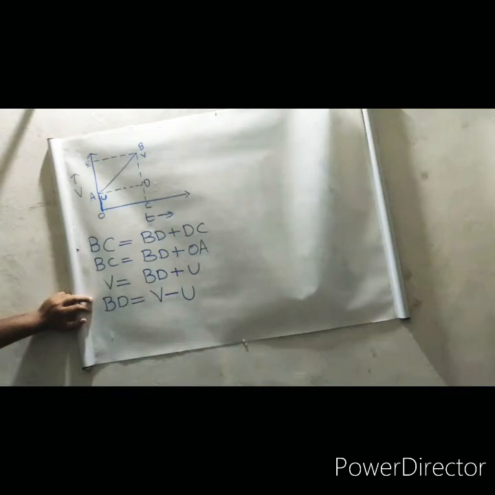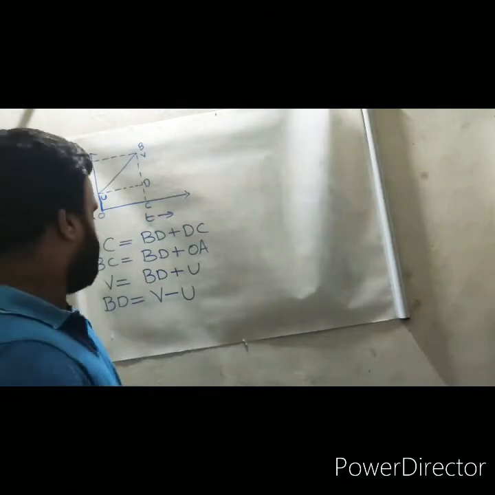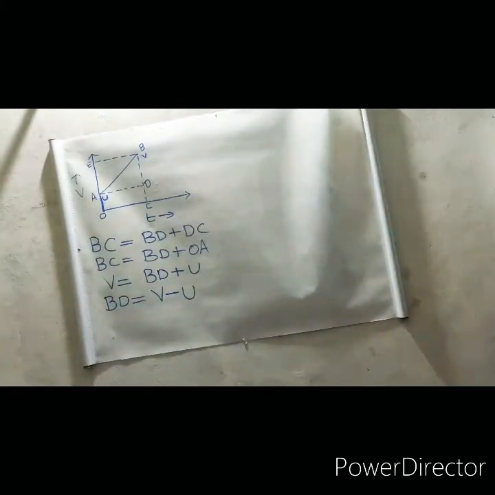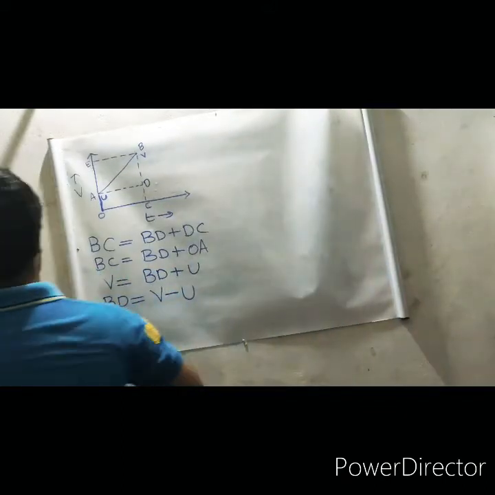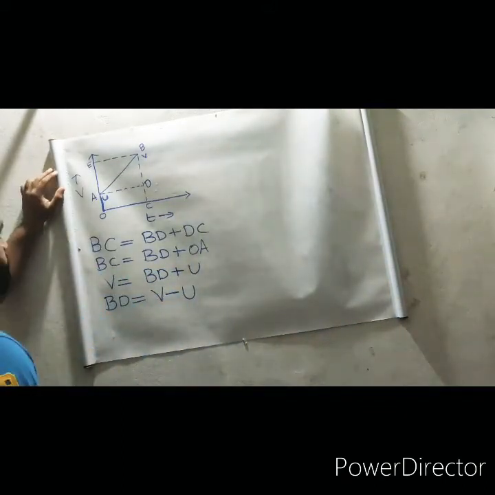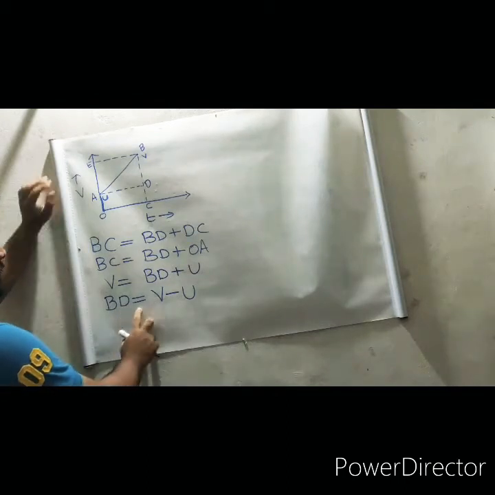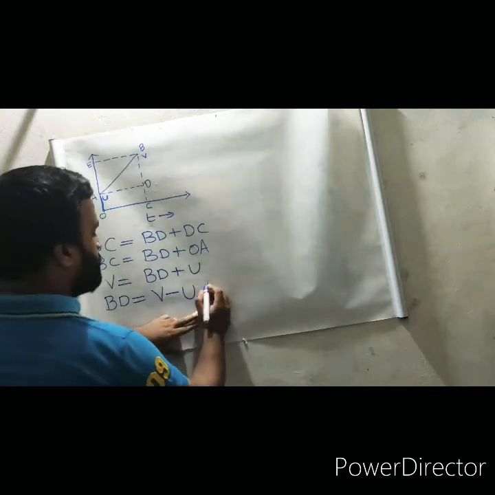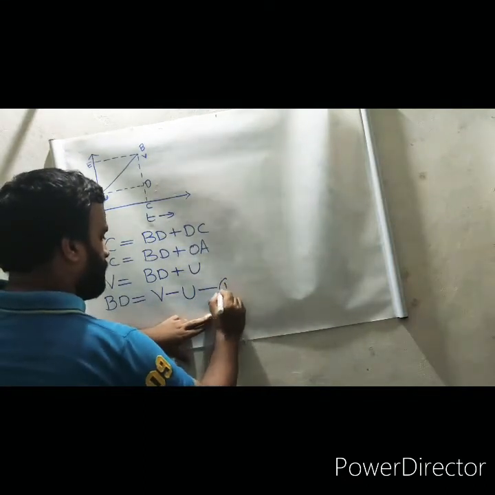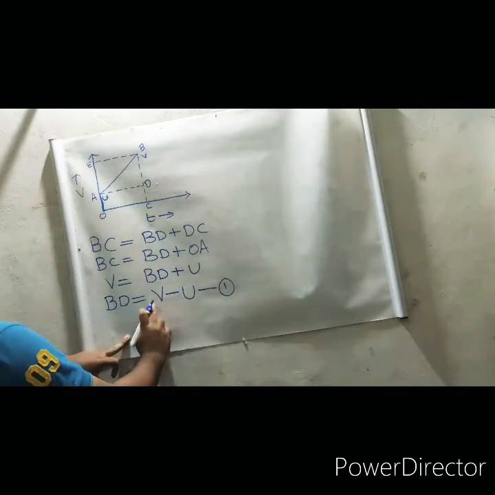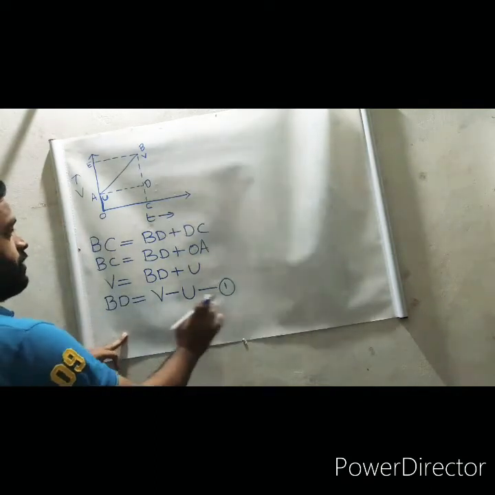We mark this equation, BD is equal to v minus u, as equation 1.